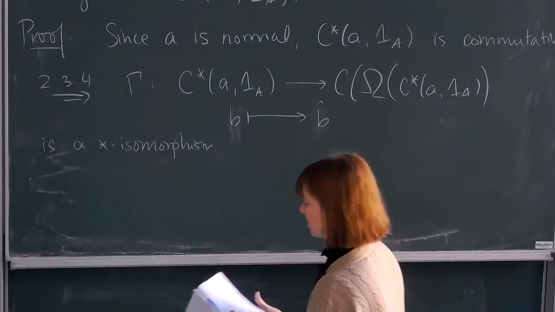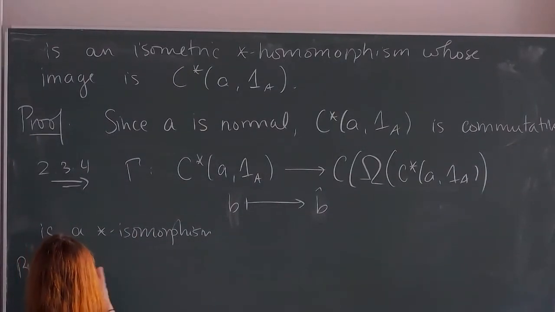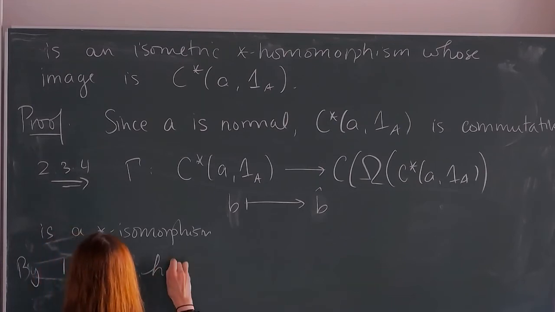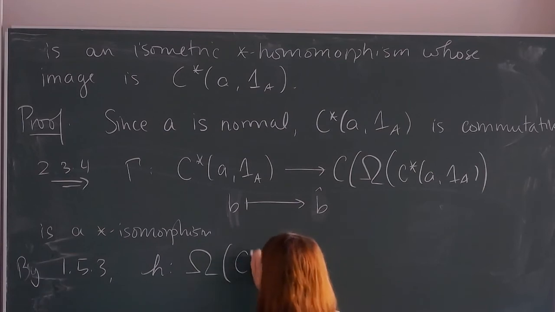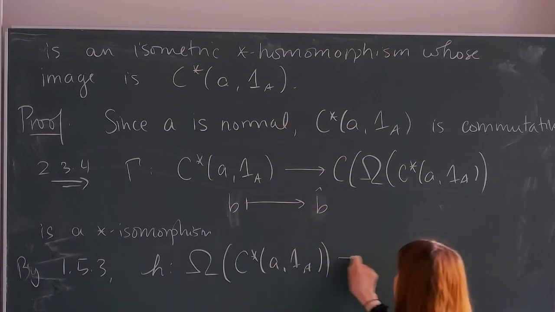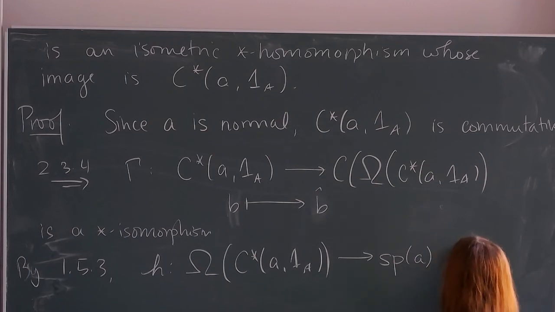Now we saw last time that the map H from the character space of this C-star algebra to the spectrum of A is a homomorphism.